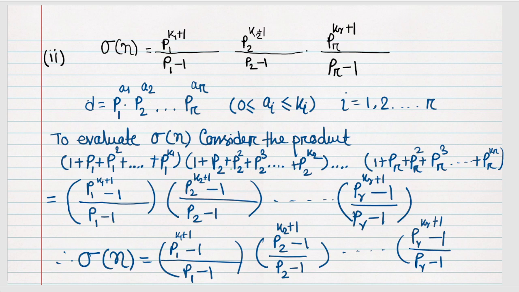According to the previous theorem, whatever we did earlier, the positive divisors of n are precisely those integers d such that d = p1^a1 p2^a2 ... pr^ar.